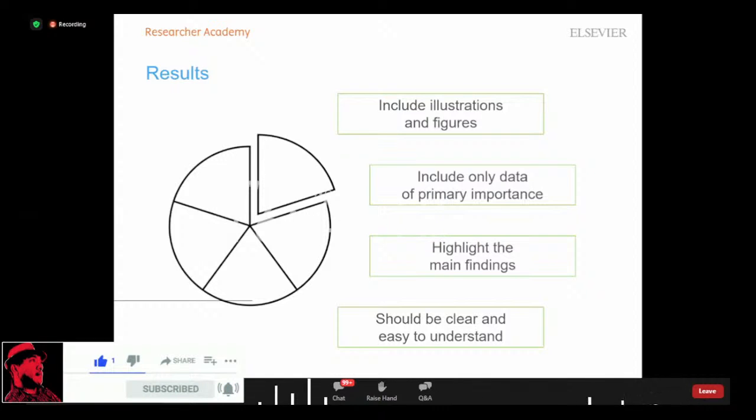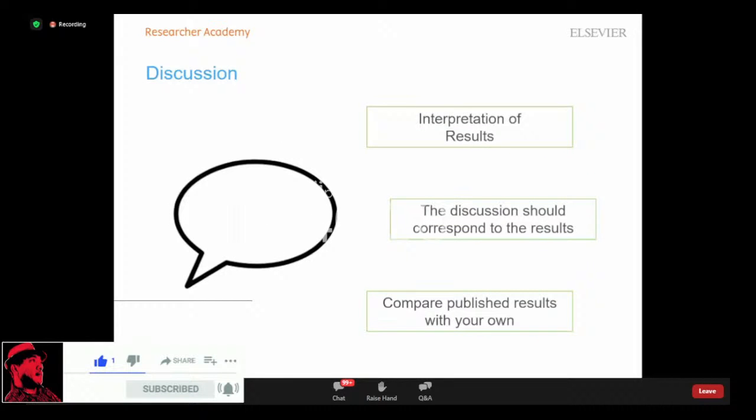Well, it's also understanding within the field, and really focus again on making sure that the discussion is considerably, arguably, the most important section of an article.